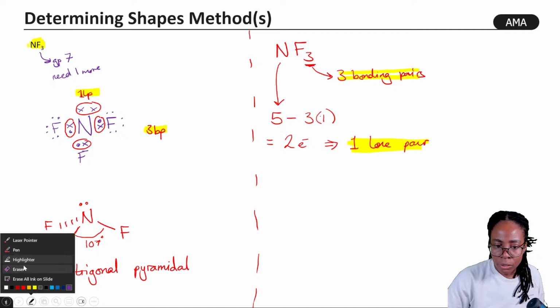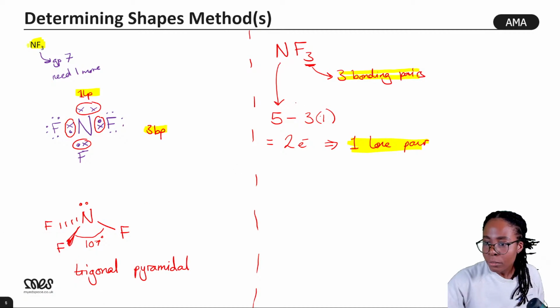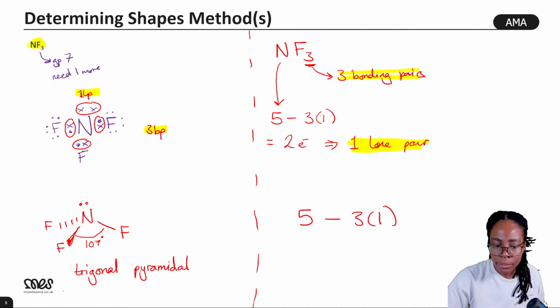5 minus 3 times 1. The 5 came from the number of electrons on nitrogen's outer shell. So number of central atom outer shell electrons or valence electrons.